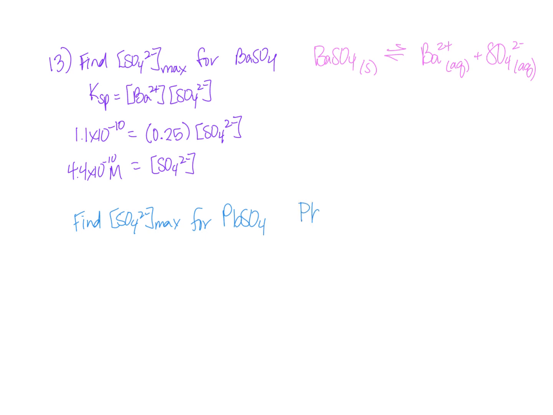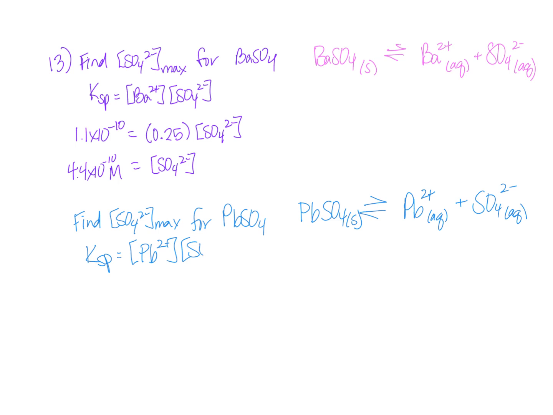Again, if you need to write out the equation, I didn't change colors, but I think that you can follow along. Go ahead and do that. And then think about your KSP. This is again a 1-to-1 ratio, so it's just a Pb2+ concentration times the SO4 2- concentration.